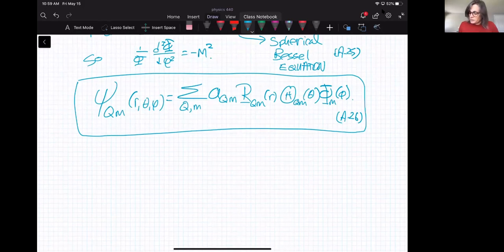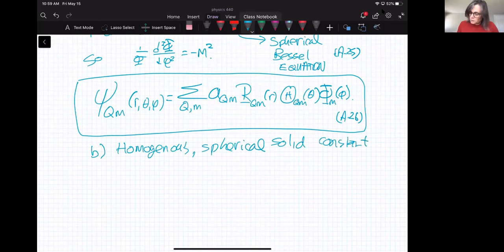So as a quick example, suppose we have a homogeneous spherical solid with constant thermal diffusivity, that means K, and no heat sources.